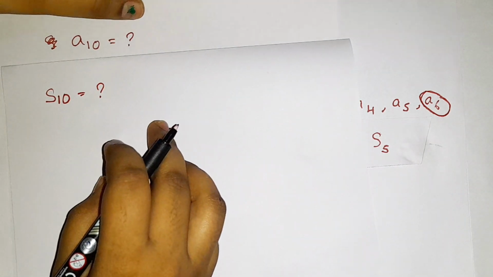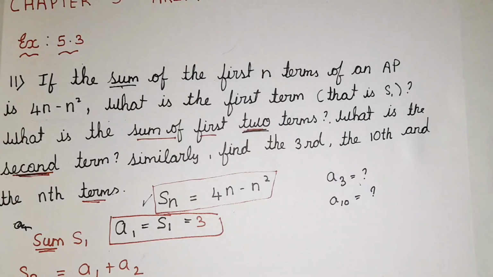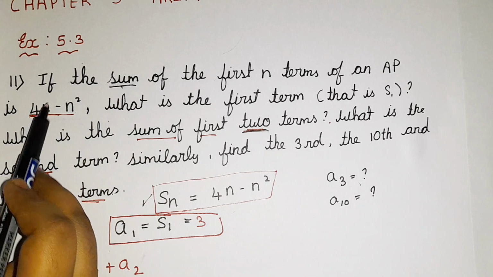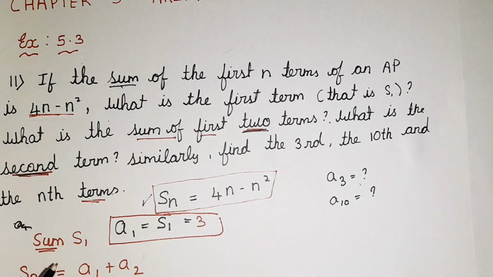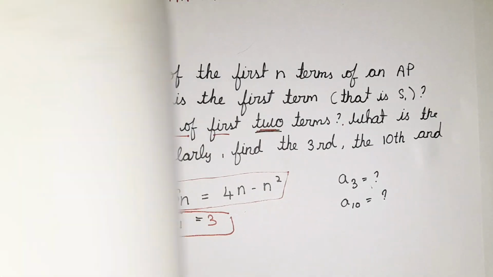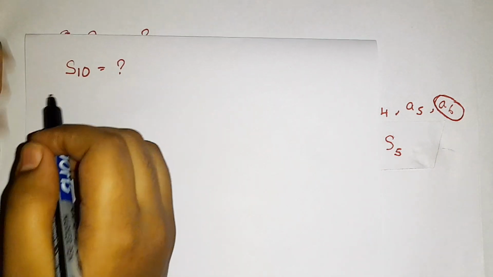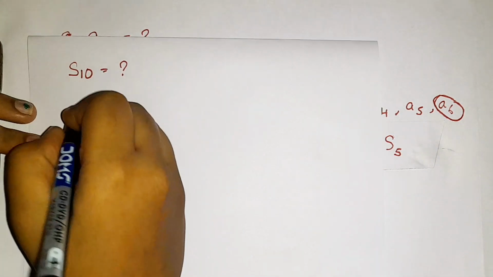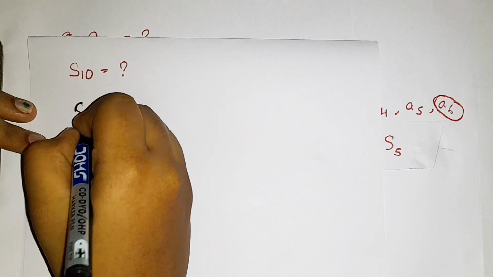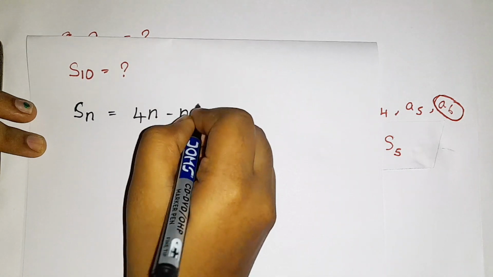At the starting of the question, they mentioned a value, that is 4n minus n square, isn't it? So we are supposed to apply this. So now let us apply this. So Sn is equal to 4n minus n square.